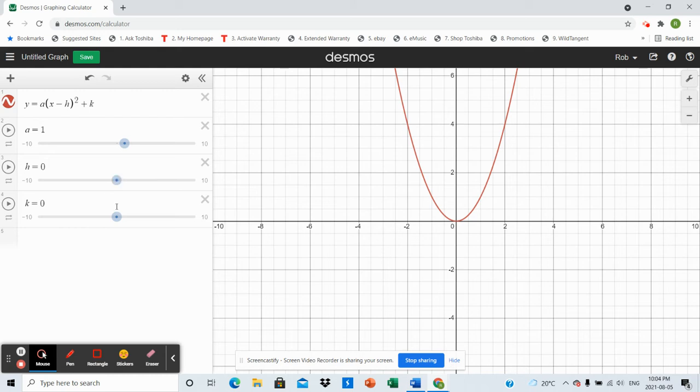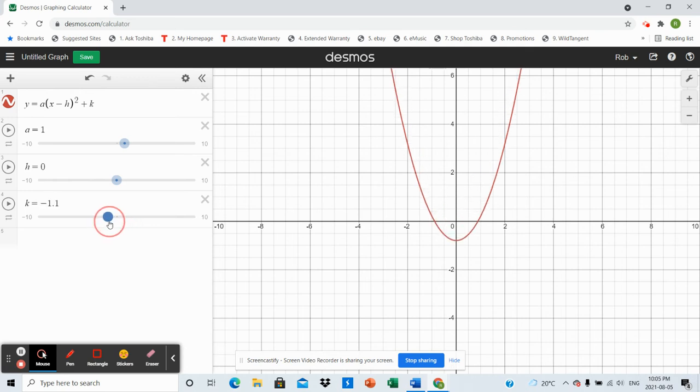Now we're going to leave h alone for a second. We're just going to see what k does. And k is going to be very similar, except it's going to translate our parabola vertically, up and down. So as k becomes positive, you can see it translates our parabola up. So here k is 2. We've translated up 2 units.